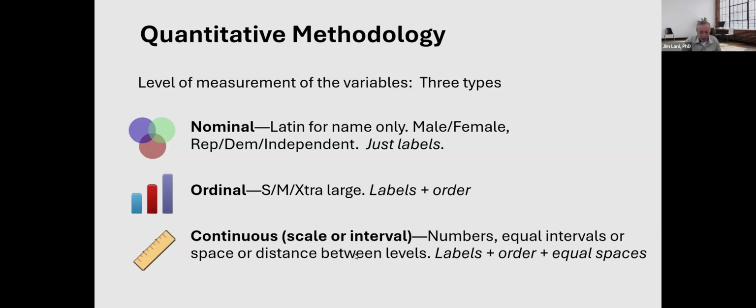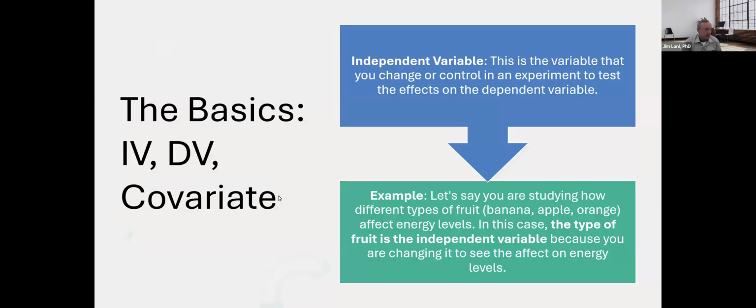I'm using these all interchangeably, but basically they have a label, 1 inch, 2 inch, 3 inch. They have an order, 2 inch after 1 inch, 3 inch after 2 inch, and then they have equal intervals in between. That is the same distance or the same volume or the same time between intervals. So just know that, okay?